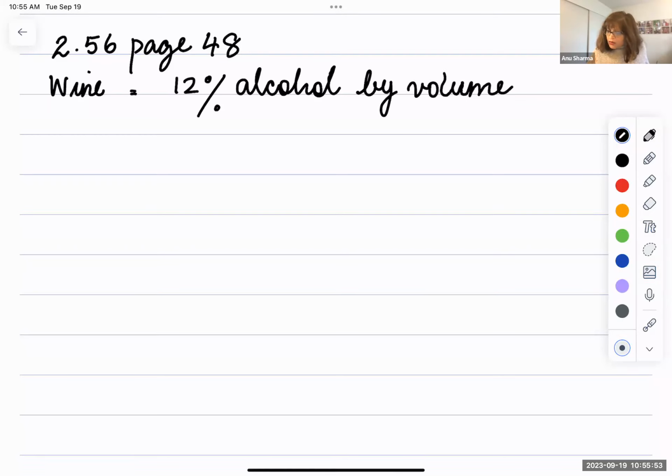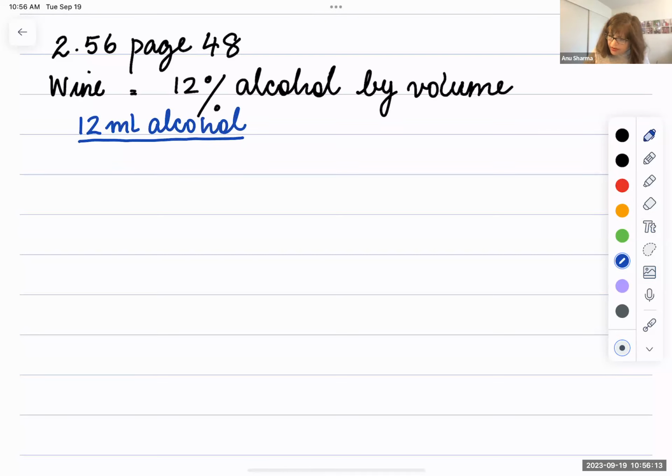Okay, now right here, I'm going to tell you 12% alcohol by volume. What does that mean? It means 12 milliliters of alcohol, and because wine is made up of other things also, 12 milliliters of alcohol is present in 100 milliliters of wine. This is what it means.